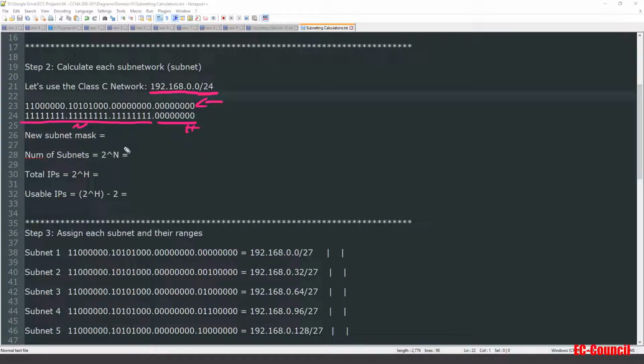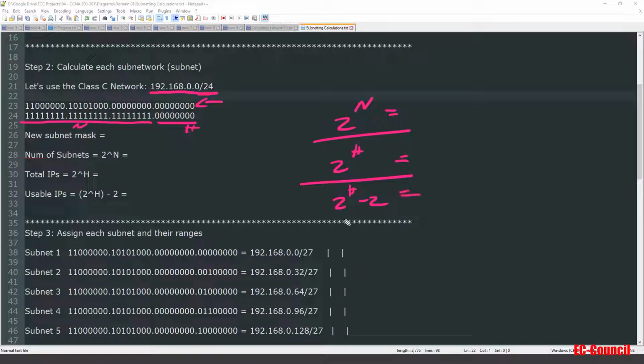So if we use our formulas, because what we need is 3 formulas. Number of subnets, which is 2 to the power n. Then there's total IPs, 2 to the power h. And then there's a third formula, which is 2 to the power h minus 2.